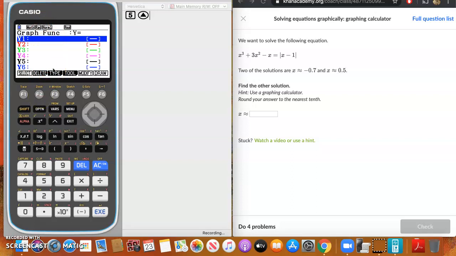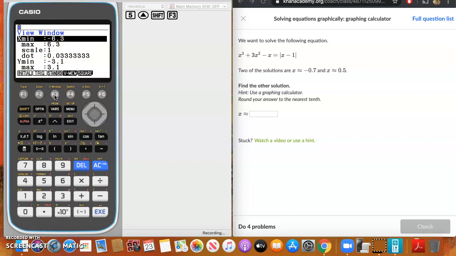Also, we're all going to start on the same window, so let's do that first before we actually start doing the problem. So I am going to now use my Shift F3, my Shift viewing window. I'm going to set my viewing window to standard viewing.